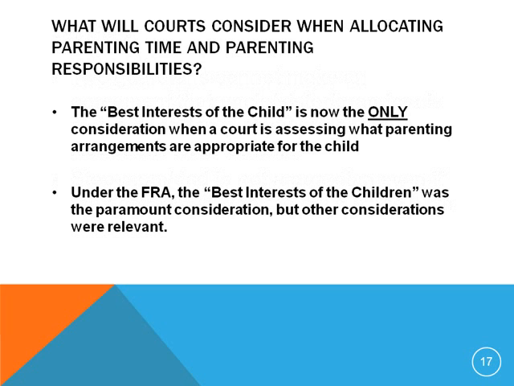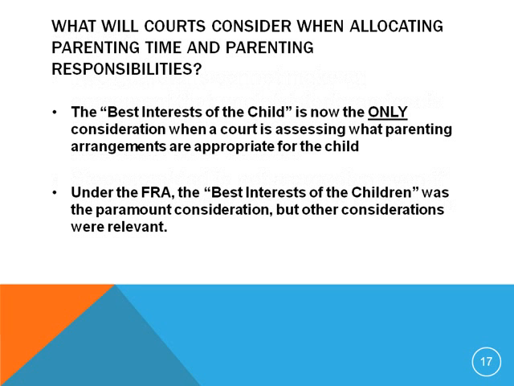So going back to if you've managed to become a guardian and you find yourself negotiating with the other parent for parenting time and parenting responsibilities, the meat and potatoes, what will the courts consider when allocating parenting time and parenting responsibilities?